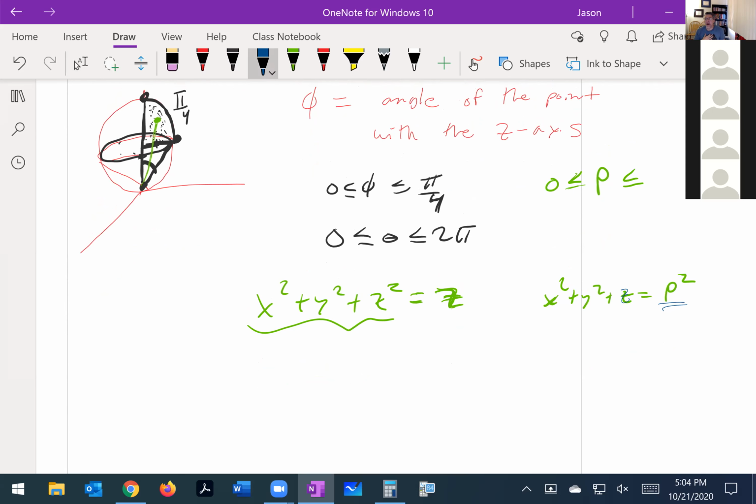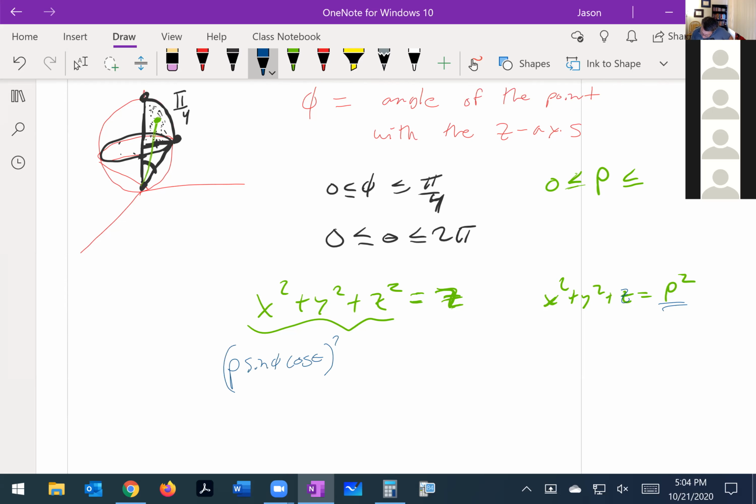I don't like to leave things as an open question. How the heck did they get that to be rho squared? How do they know that's the equation of the sphere? How did they get these spherical coordinates to begin with? Some mathematician 300 years ago came up with this brainchild: x is rho times the sine of phi times the cosine of theta.